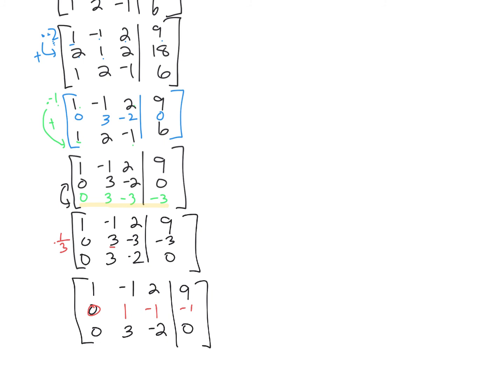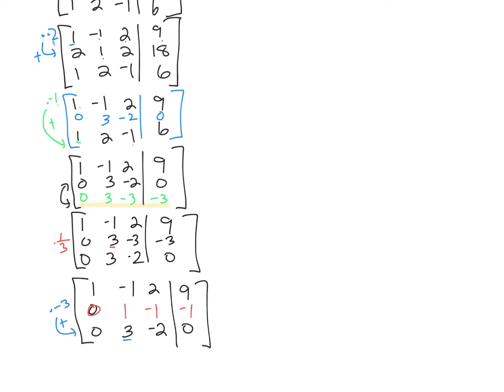And we want to continue working down and then across. So I need to turn this 3 into a 0. In order to do that, we'll multiply row 2 by a -3 and then add it to row 3.